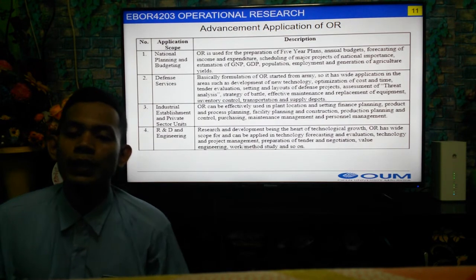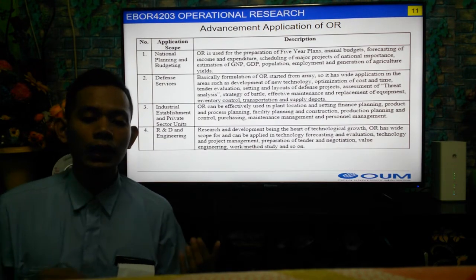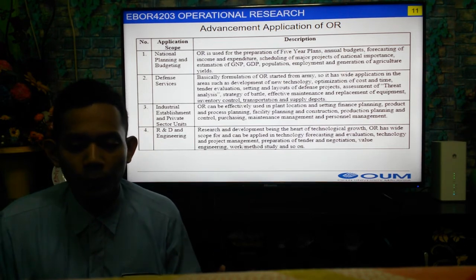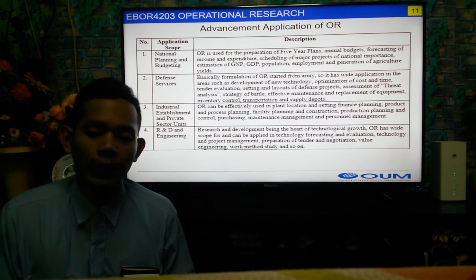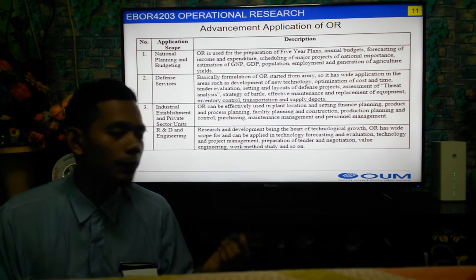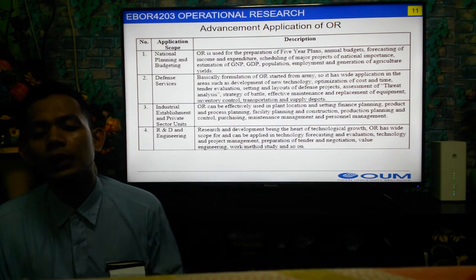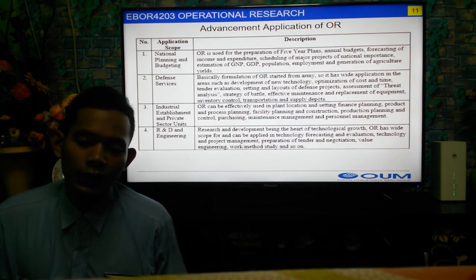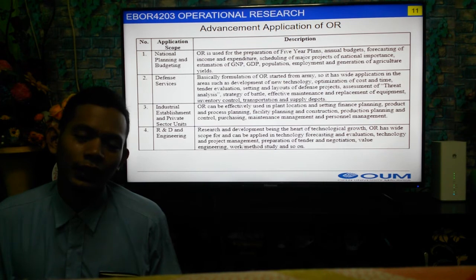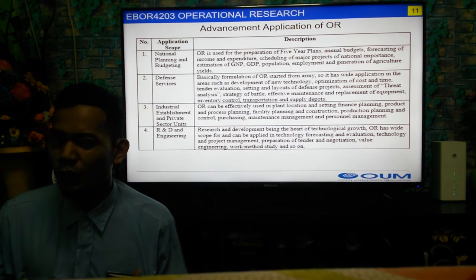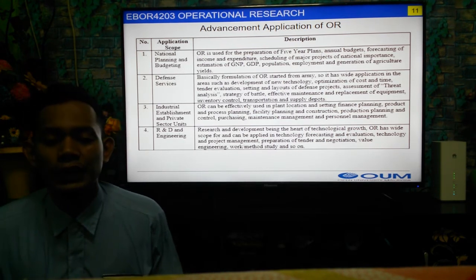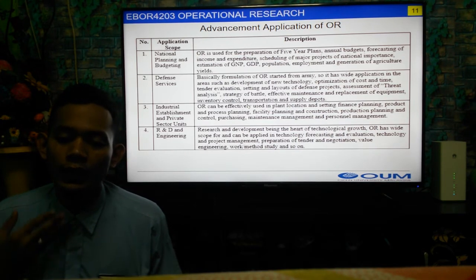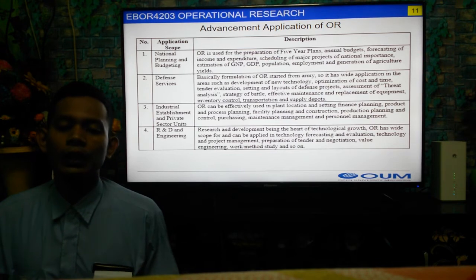Advancement in the application of OR: nowadays, OR is being used in national planning and budgeting, such as the preparation of the 5-year plan, annual budget, GDP and GNP estimation, population, employment, and agricultural use. The second is defense service, where it basically started, with wide application in areas such as development of new technology, optimization of cost and time, and tender evaluation.